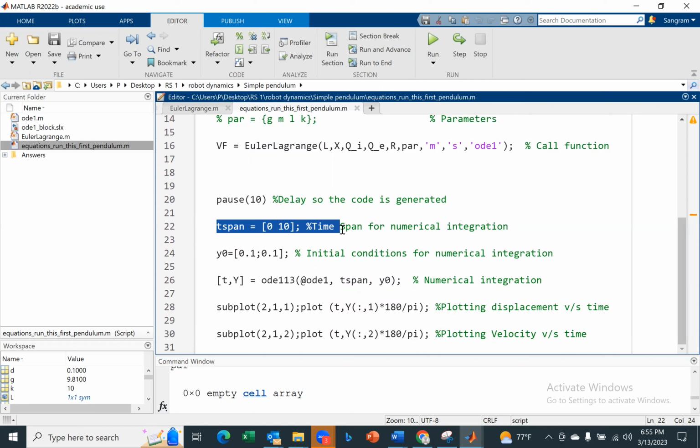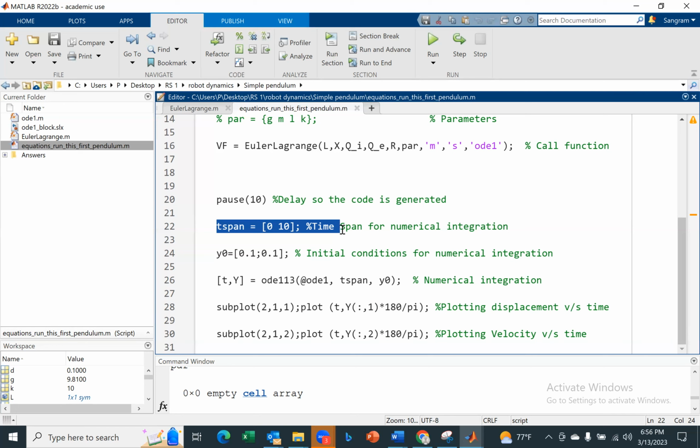Angular velocity is 0.1. It is extremely important to understand MATLAB by default, the unit of angle is radian. So the initial condition here is 0.1 radians and 0.1 radians per second. Are you with me so far? So 0.1 radians and 0.1 radians per second.